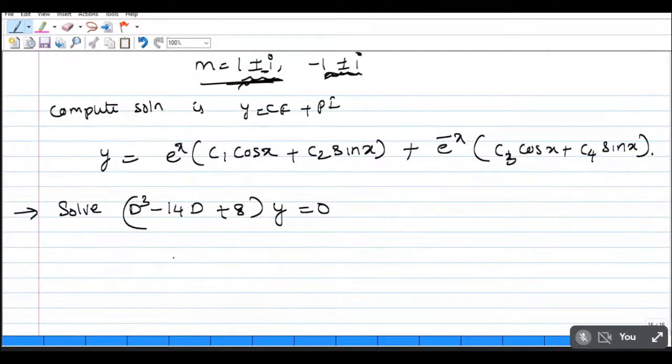What is the auxiliary equation? The auxiliary equation is m cube minus 14m plus 8 equal to 0.